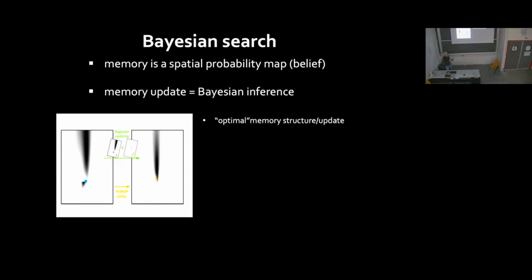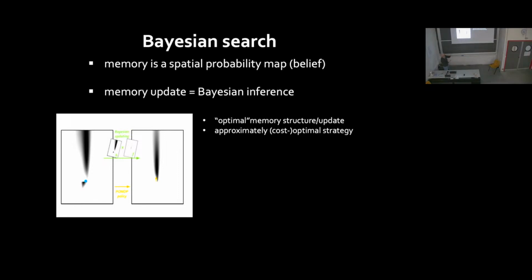Actually, you can prove that this belief, this map, together with the position of the searcher, is a sufficient statistic for the full history. The full history is a long sequence of actions and observations that you made. Now you can compound them in another object, which again is huge. It's not small, but it's a map, and you can act on that. So this is why you could use Bayesian.